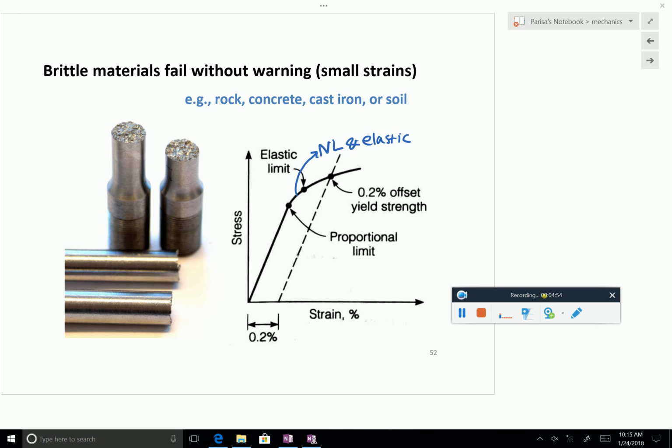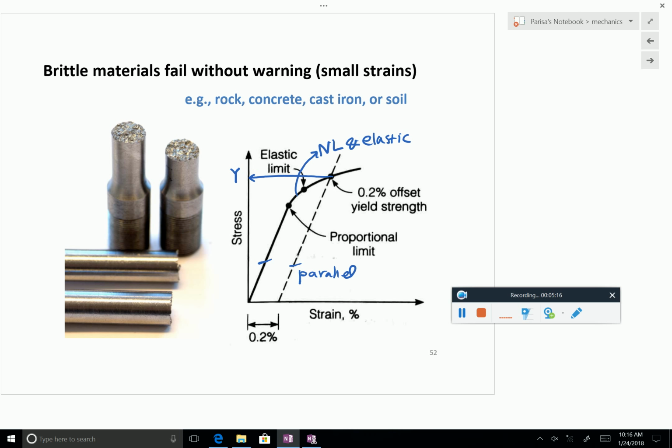So these two are parallel. And wherever you hit the stress-strain curve, you say this is the yield strength. It's an approximation.